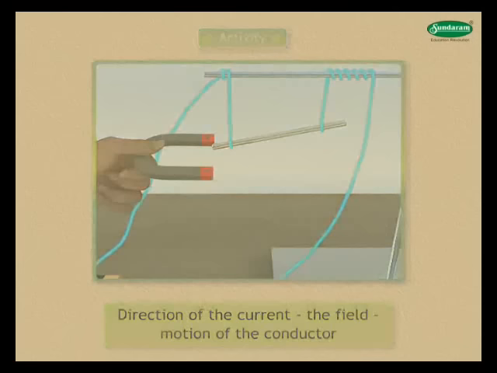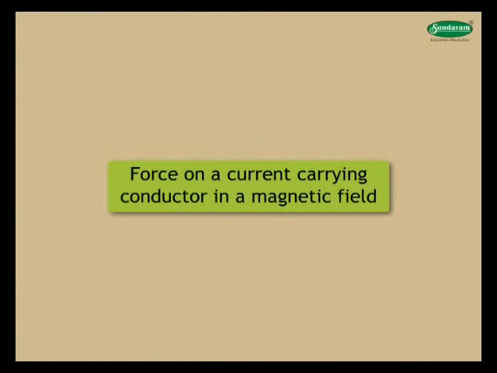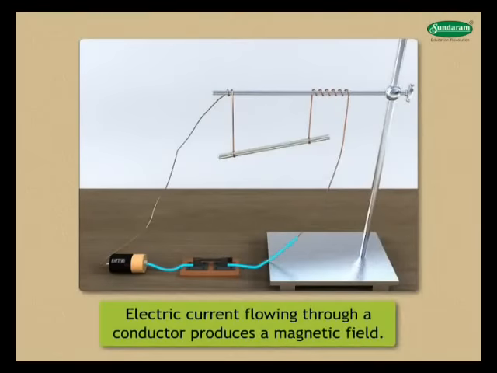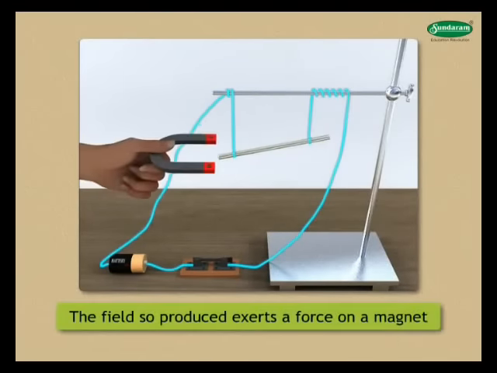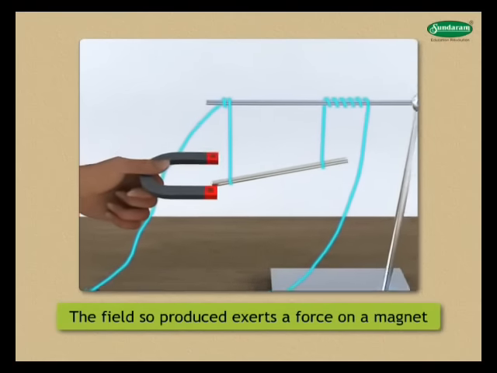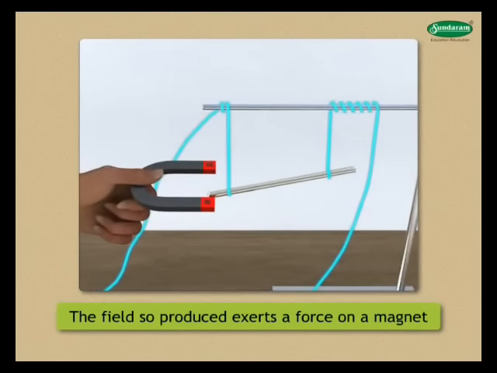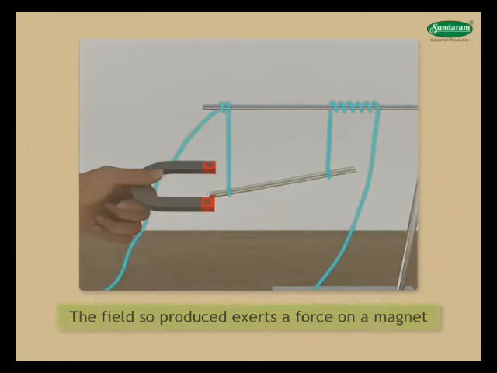This indicates that there is a relationship among the direction of the current, the field, and the motion of the conductor. Force on a current-carrying conductor in a magnetic field. Electric current flowing through a conductor produces a magnetic field. The field so produced exerts a force on a magnet placed in the vicinity of the conductor.